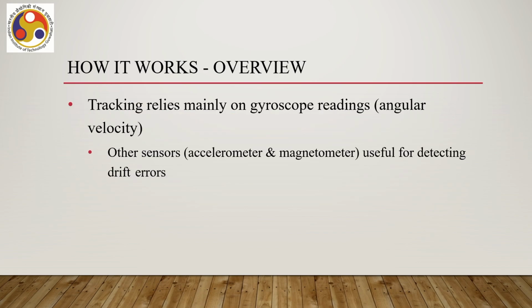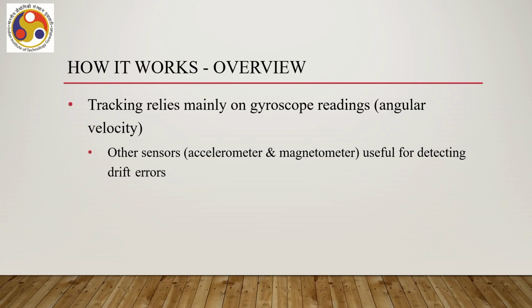Now, when I say that we are using an IMU sensor for tracking, it may be noted that tracking with an IMU sensor relies mainly on the gyroscopic readings, that is the values coming from the gyroscope, which is primarily angular velocity.